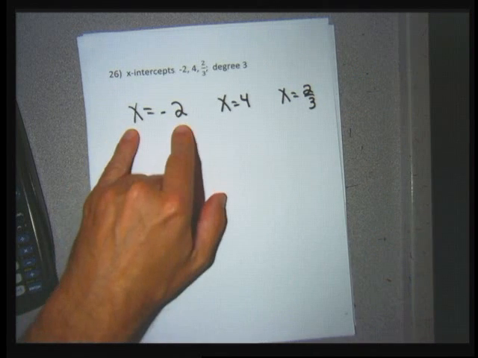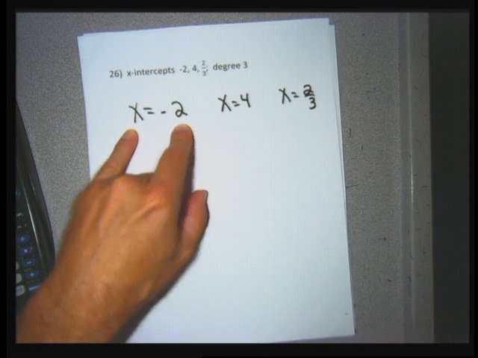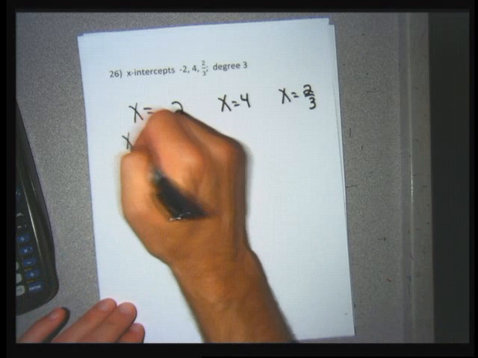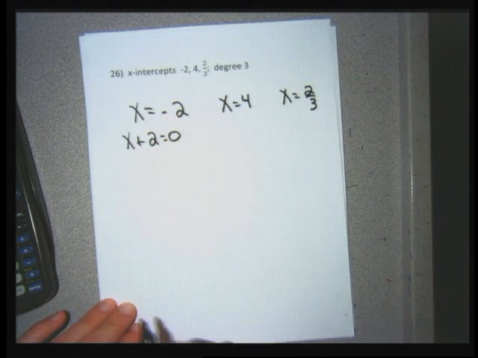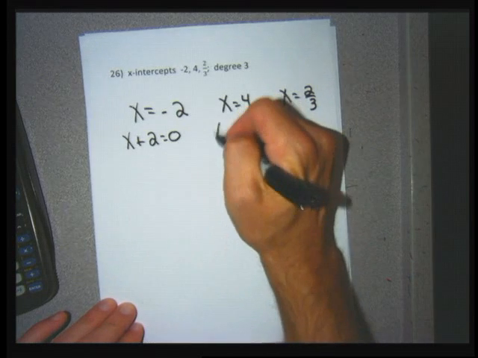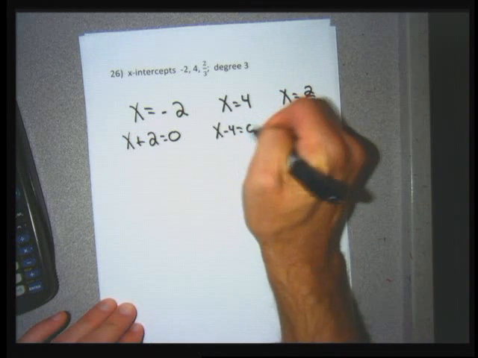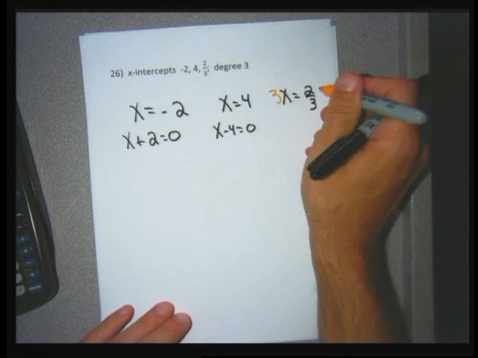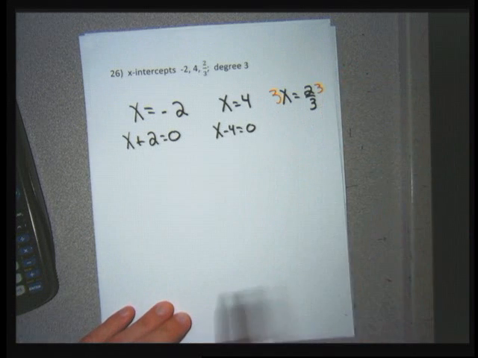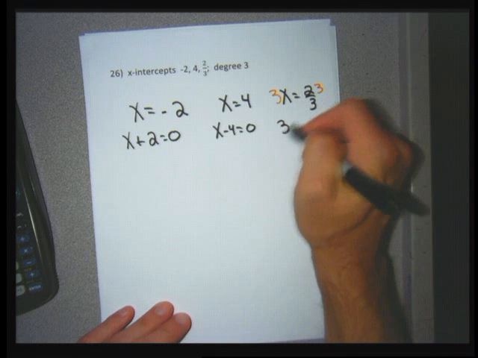For the x equal to -2, I'm going to set it equal to 0 by adding 2 to both sides. For the x equal to 4, I'm going to subtract 4 from both sides. For the x equal to 2/3, first I'm going to multiply both sides by 3. When you multiply the left side by 3, you get 3x.